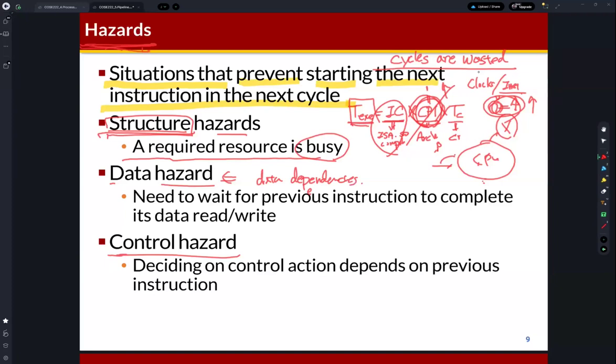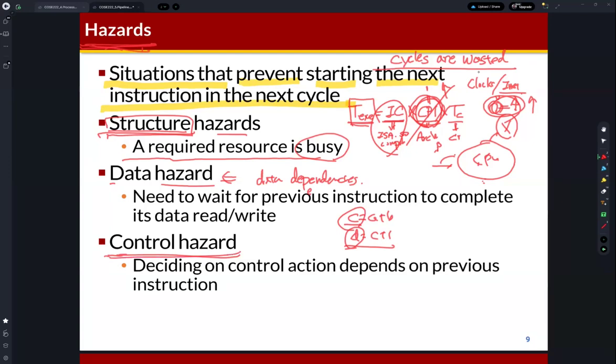For example, C equals A plus B, D equals C plus 1. In order to calculate the number D, we need to wait until the computation for C is complete. So this is a data hazard.